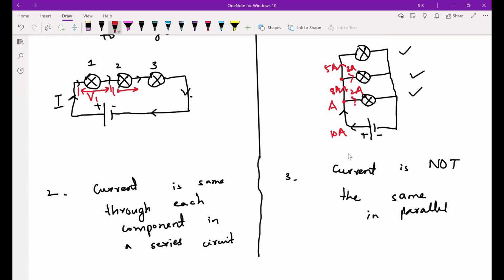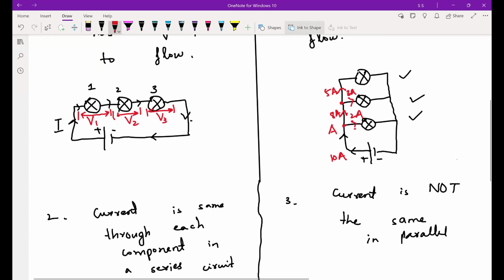Some voltage would be given to this lamp, which would be V2, and some to this lamp, which would be V3. So all of them get separate voltage. While these three lamps over here all get the same voltage, which would be V, because they are connected to the same points with the battery. These are common points, common connections.